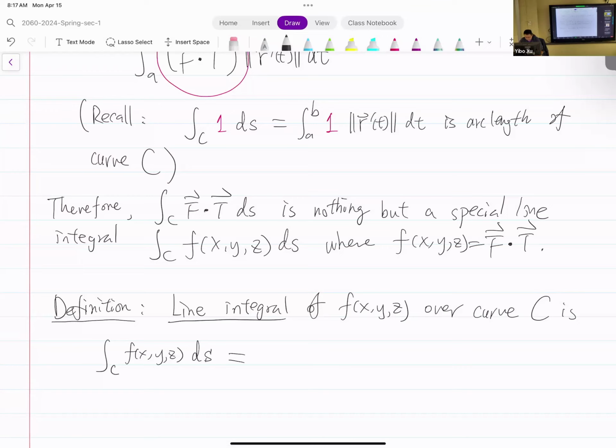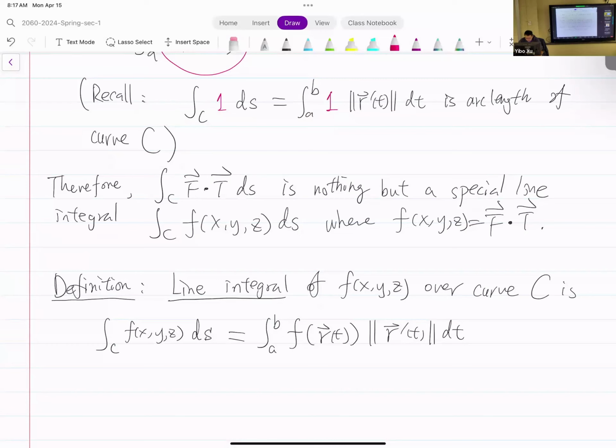So the way that you compute it is that, okay, still we recall that for C we have the parameter t, which is the way that you parameterize your curve. Okay, so this is going to be translated to t. So basically x, y, z will be related to the coordinates of your vector function. Okay, and then ds is going to be replaced by the magnitude of r prime dt. Okay.